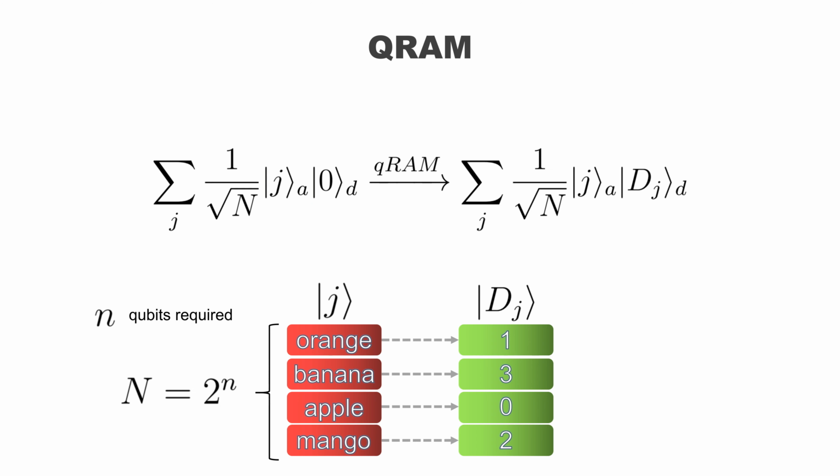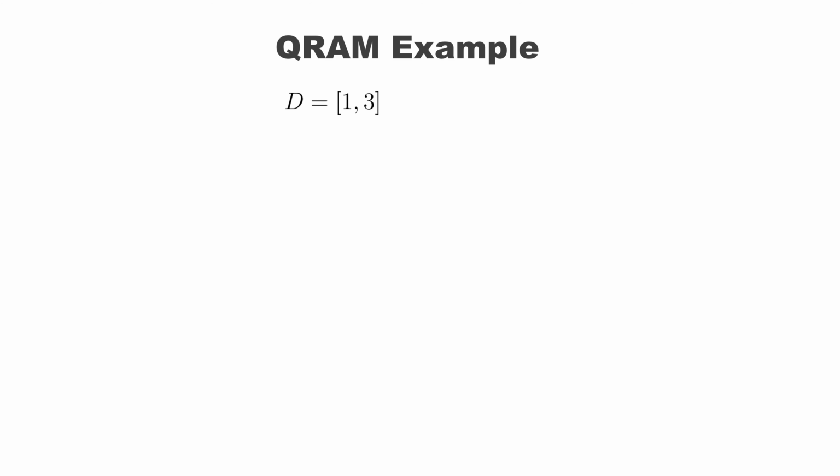To address 2 to the power of n memory cells, the QRAM uses a superposition of n qubits for the address register. The size of the data register depends on the data itself. The following example shows how to prepare a QRAM state.